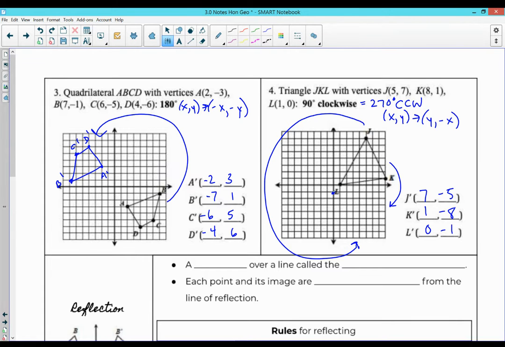So 0, -1 is L prime, 1, -8 is K prime, and then 7, -5 is J prime.